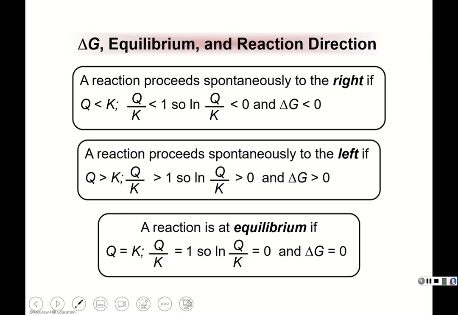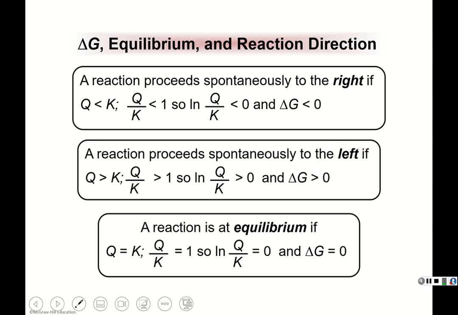Likewise, when delta G is positive, the reaction would proceed to the left. So when Q is smaller than K, the reaction moves to the right, and when delta G is negative, the reaction moves to the right. When Q is bigger than K, the reaction moves left, backwards, and when delta G is positive, the reaction would move backwards.